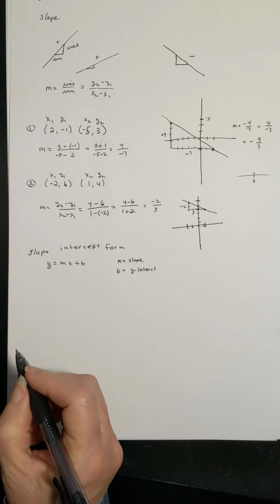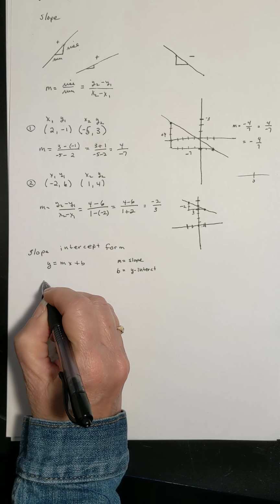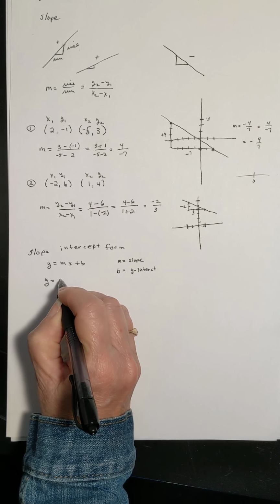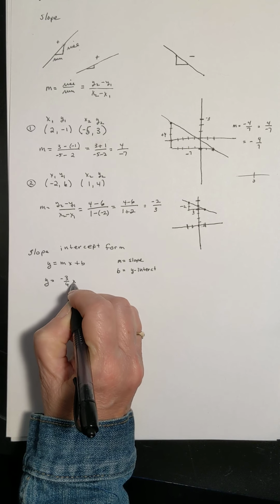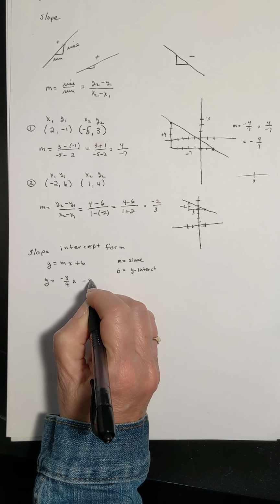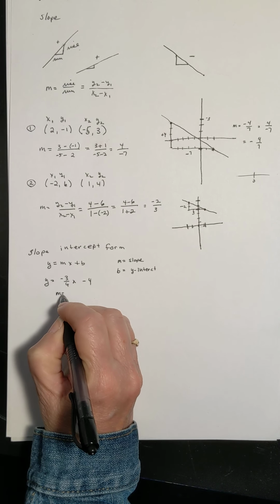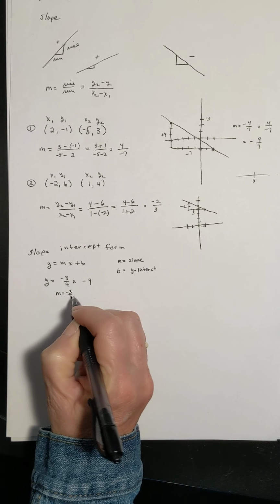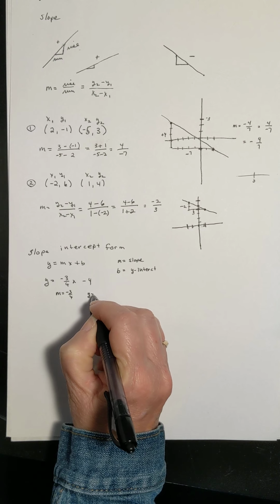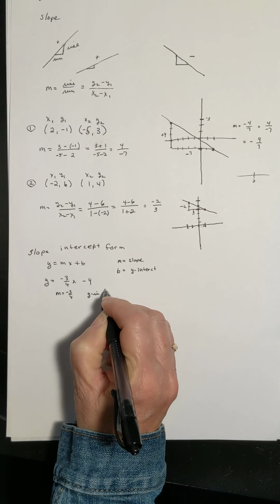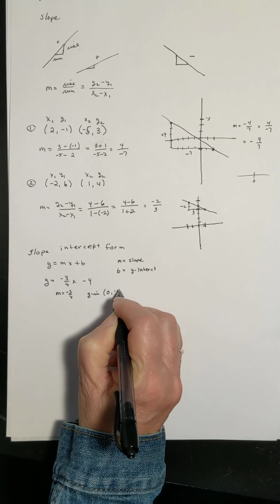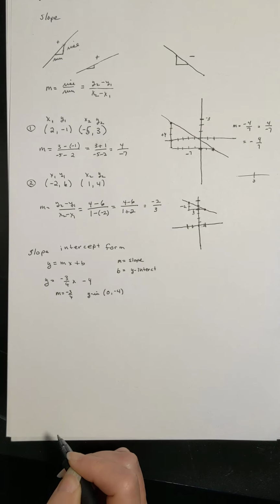All right? So if I have the equation y is equal to negative 3/4 x minus 4, that tells me that my slope is negative 3/4 and that my y-intercept is going to be 0, negative 4. And I always write this as a point.